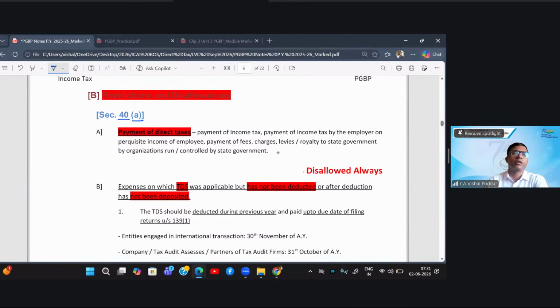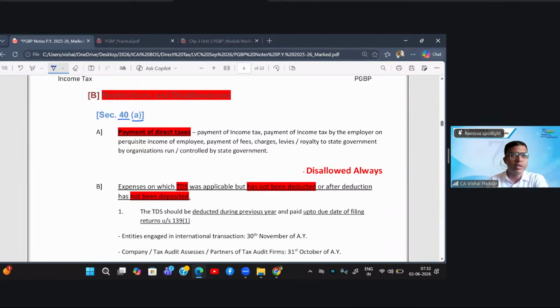If it is given in the form of Roman numerals, or in the form of small alphabets, then that bracket, whether first or second, should always be called a clause. So here we will call this Section 40 clause (a). Fine. Now, what is the first restriction?